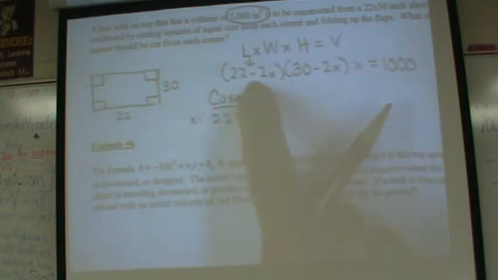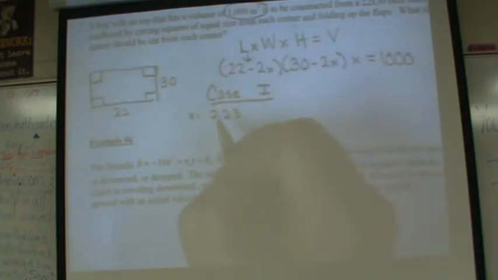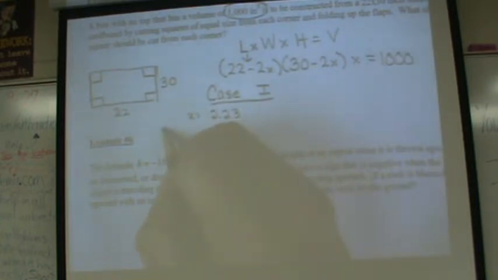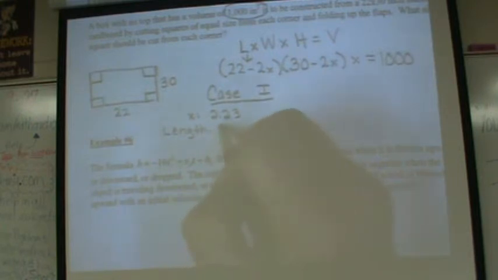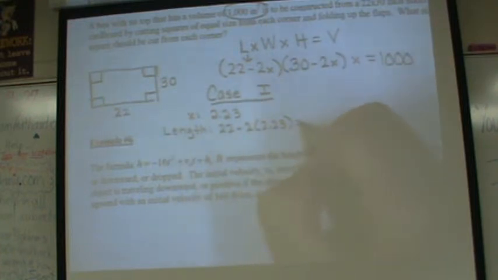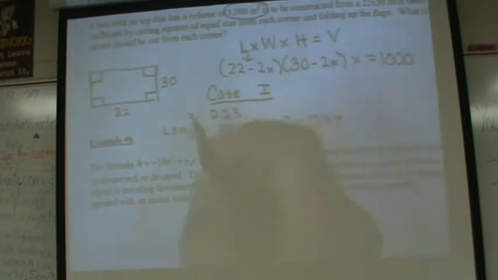So now, how do we find this dimension right here? Our length is going to be 22 minus 2 times 2.23, and you should get 17.54.